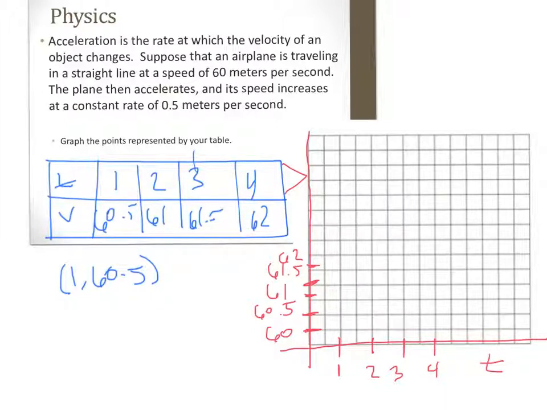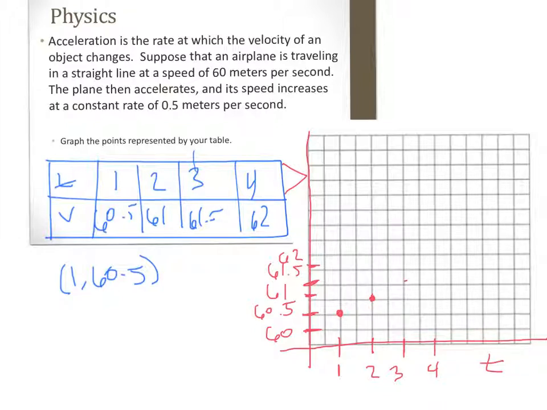Now I'm going to plot my points. At 3, we were at 61.5. Oops, let me erase that. At 1 second, we were at 60.5. At 2 seconds, we were at 61.